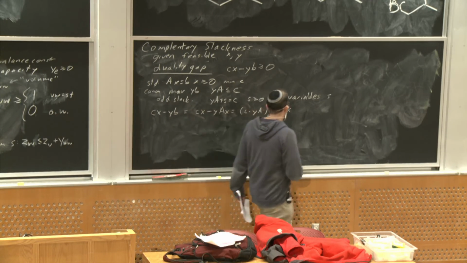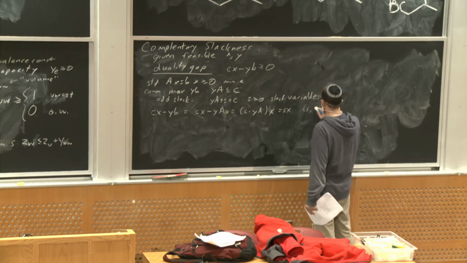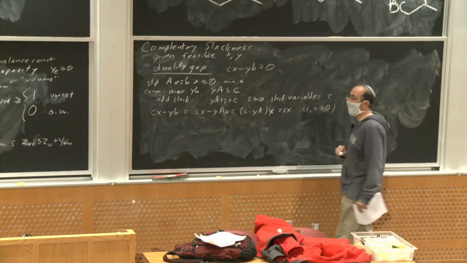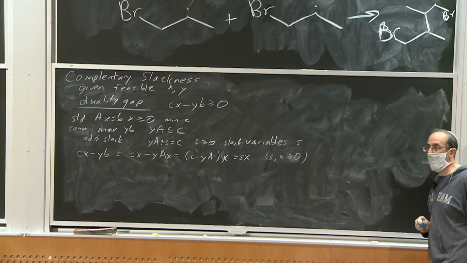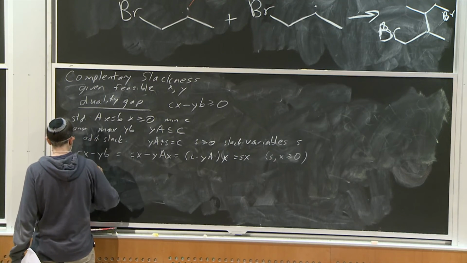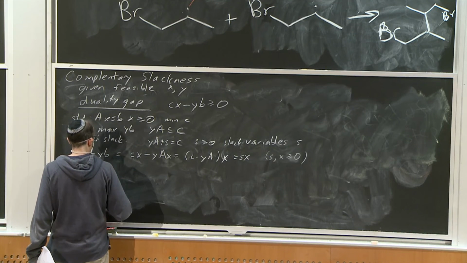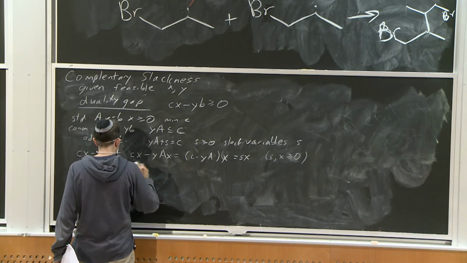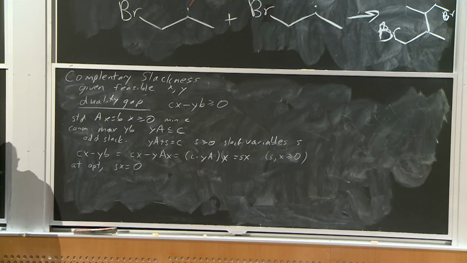But remember that S and x are both constrained to be non-negative. Now, at optimality, Sx is equal to 0. What's the only way that you can have Sx equal to 0 if all of the relevant variables are non-negative?